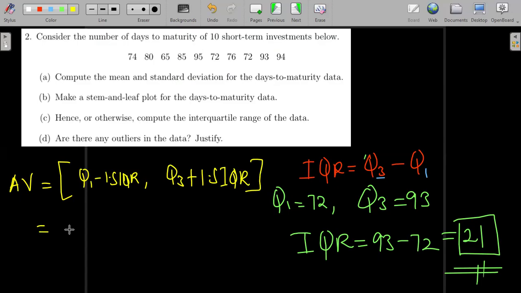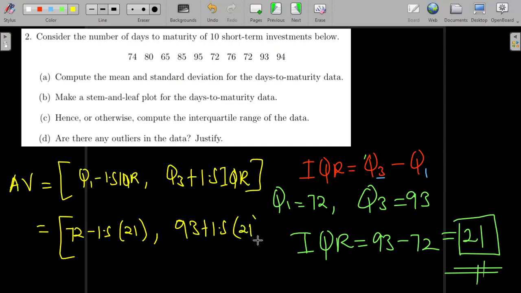So let's find the range of accepted values. This one to be 72 minus 1.5 multiplied by 21, comma, 93 plus 1.5 multiplied by 21.